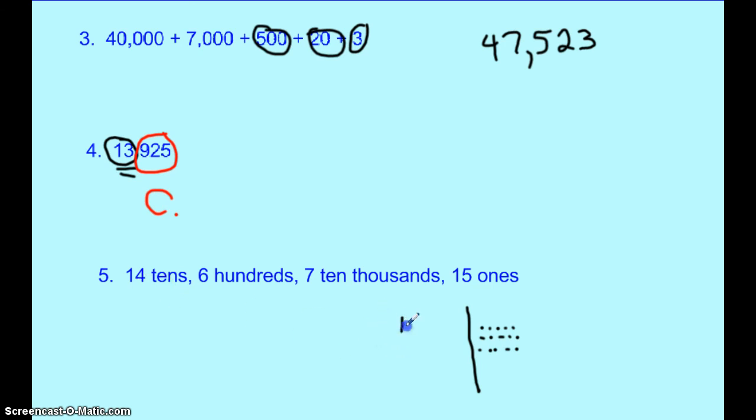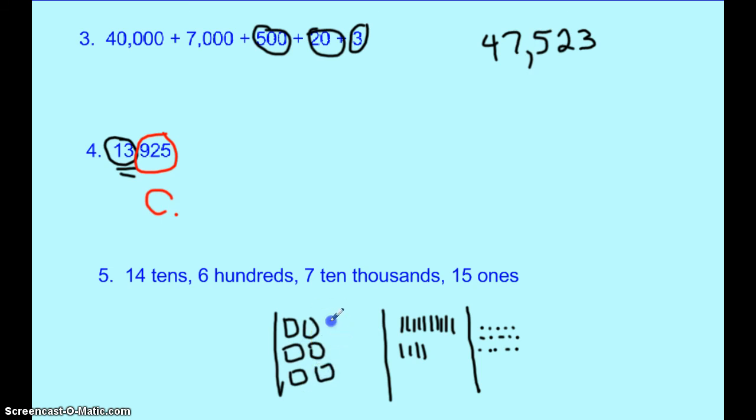Then we look at our next place value, which is hundreds, which is 600s. Excuse me, it was 600s. My apologies. 600, so we got that.